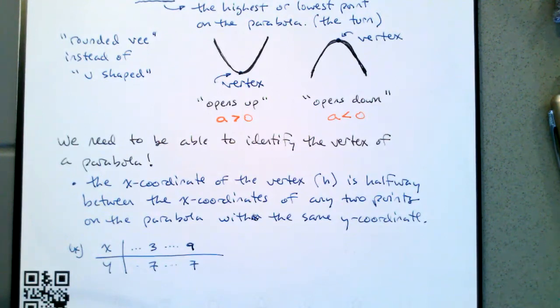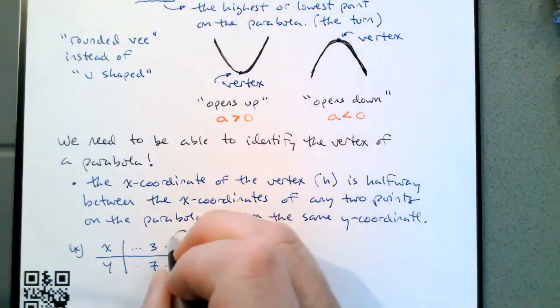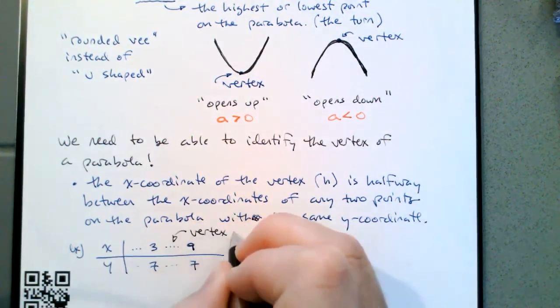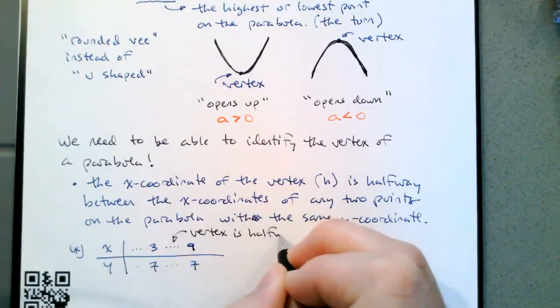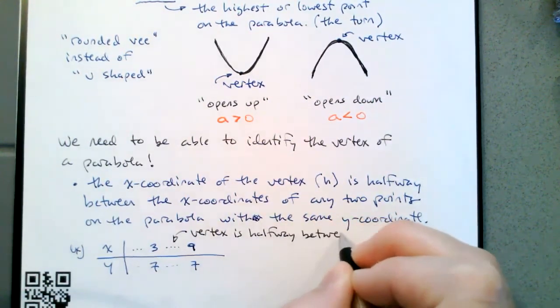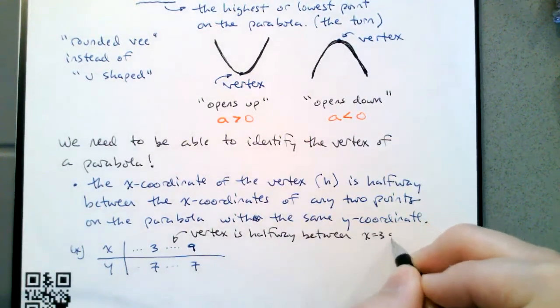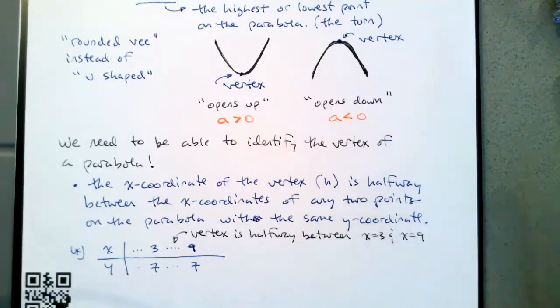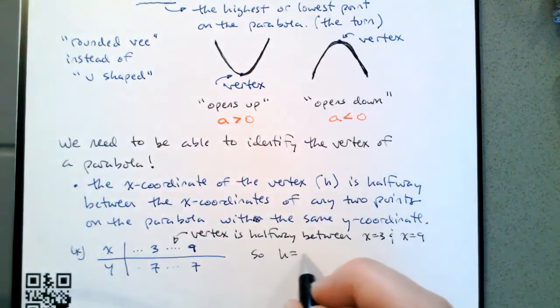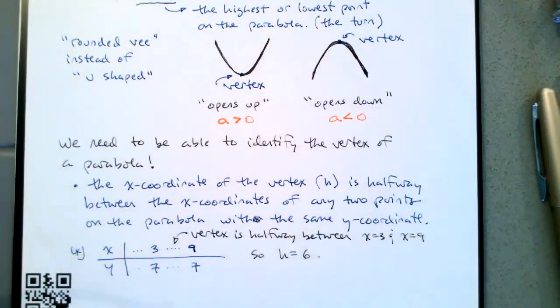Halfway between 3 and 9 is 6. That's the x-coordinate of the vertex. I don't know the y-coordinate, I would need more information, but at least I know where the x-coordinate of the vertex is.